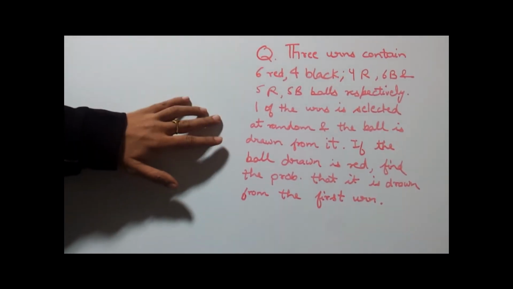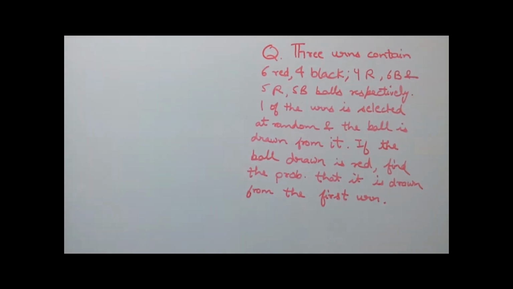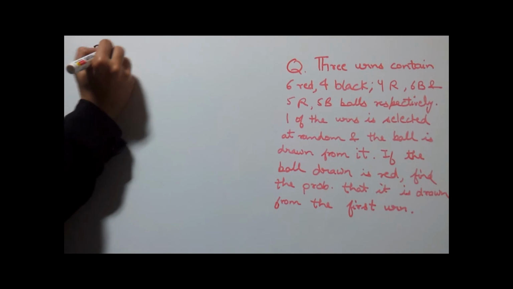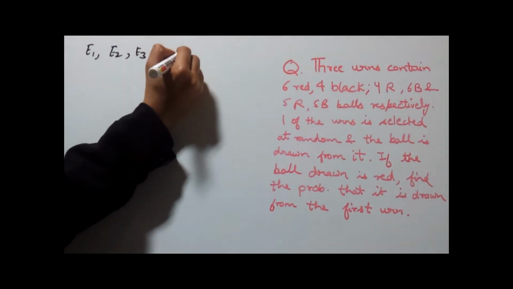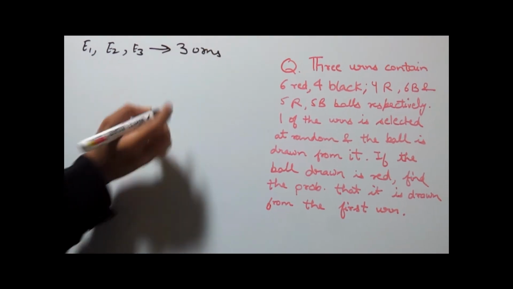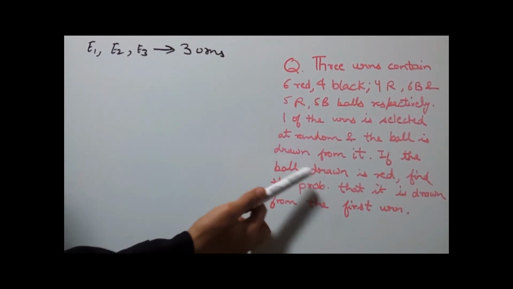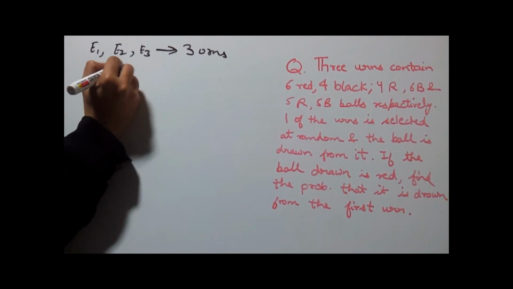Here our events E1, E2 and E3 would be these 3 urns, and our A becomes that the ball picked is red.